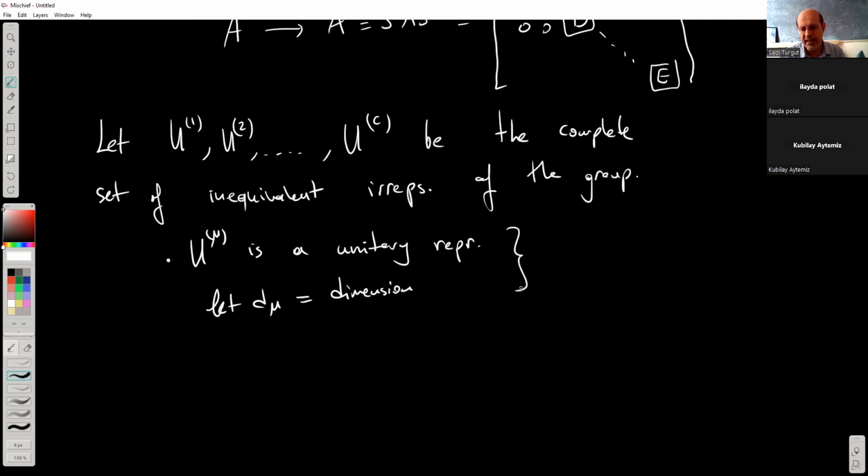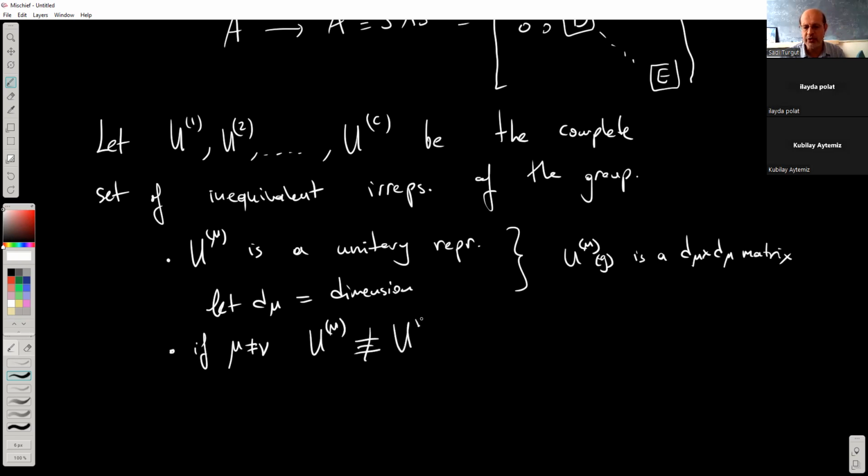So that means each U mu(G) is a d mu by d mu matrix, right? Okay. So there's this dimension that we are going to use a lot actually. And I'm also assuming that if mu is not equal to nu, so if we have different representations, then they are not equivalent to each other. So they are not related by a similarity transformation to each other. If they are equivalent, then I don't need to make a list of them.